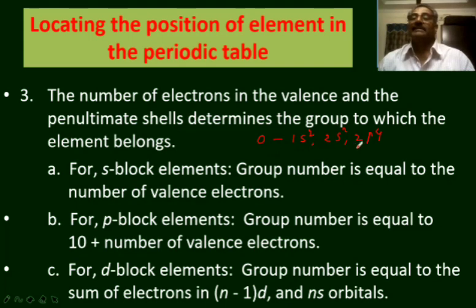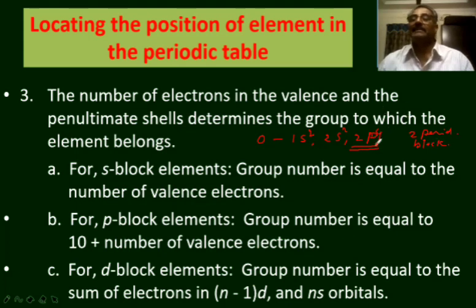The differentiating electron is in the second main energy level, that is n is equal to 2. That means oxygen belongs to second period. The differentiating electron is in the p orbital, so oxygen belongs to p block.